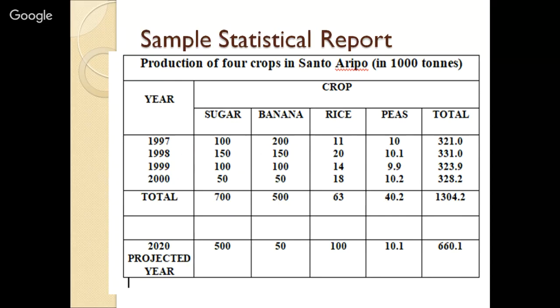And so you are expected to ensure, especially if you want to get the marks for content, that you talk about the areas that they're looking for. So, for example, for a statistical report, you have to talk about the trend, you have to talk about the significant figures, and you have to talk about the total. You need an introduction, right? You don't necessarily need a conclusion, but you must have an introduction so that the reader knows what your report is about.